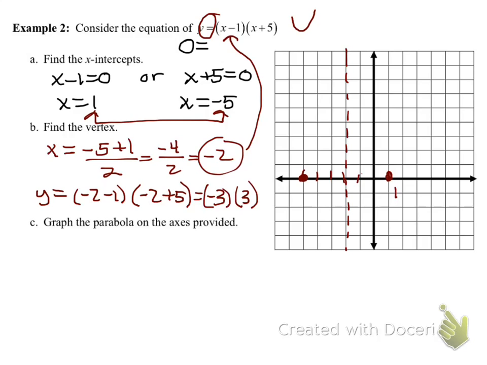So I know my vertex is at negative 9. Probably I better adjust my scale on this axis. On the x-axis we had a scale of 1, but on the y-axis we might want to go with a scale of 2. So negative 2, negative 4, negative 6, down here would be negative 10. So my vertex would be right about here.